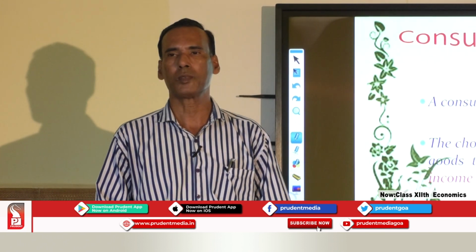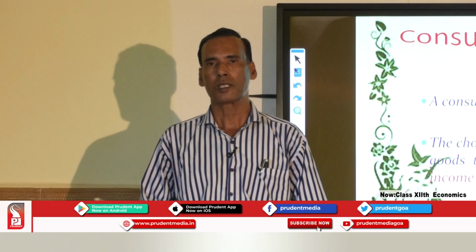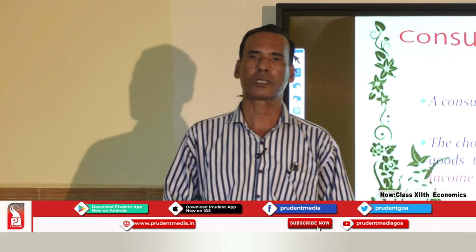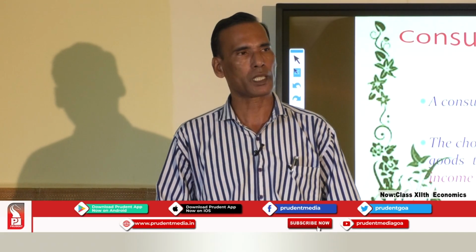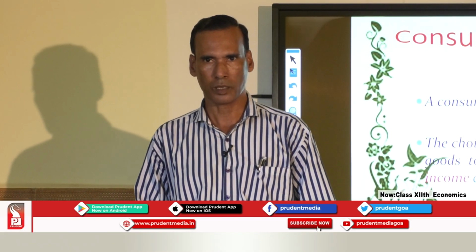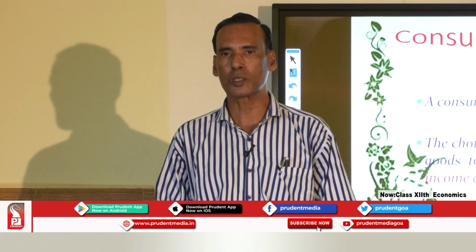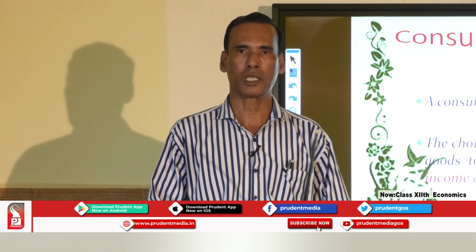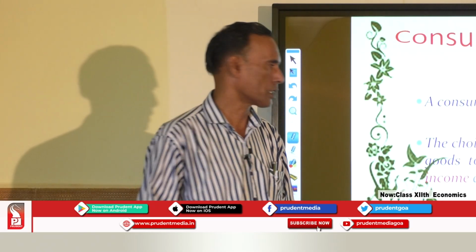Considering that a consumer has limited income, the choice of goods will depend upon the income of the consumer and the price of the commodity. So, here the consumer will try to balance between the income and the price of the commodity.